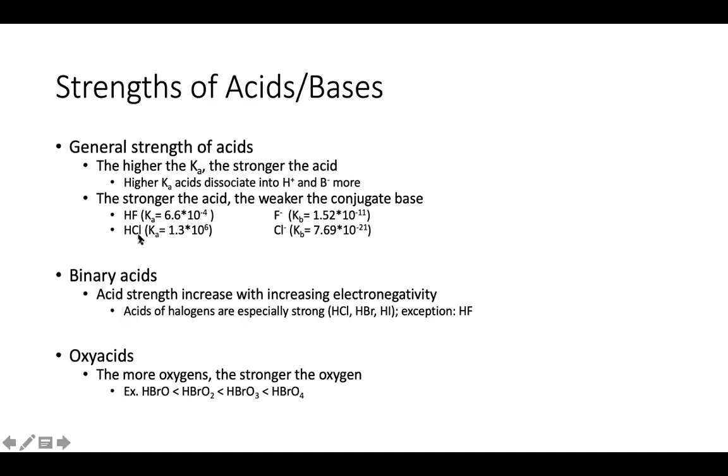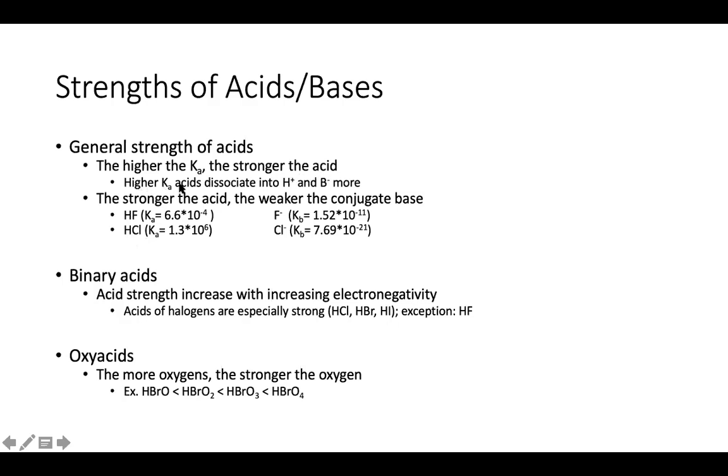For HCl, the Ka is 1.3 times 10 to the 6th. This Ka is so high that when you go through all the calculations, you find that every single molecule of HCl splits into its ions. Again, the higher the Ka, the stronger the acid.